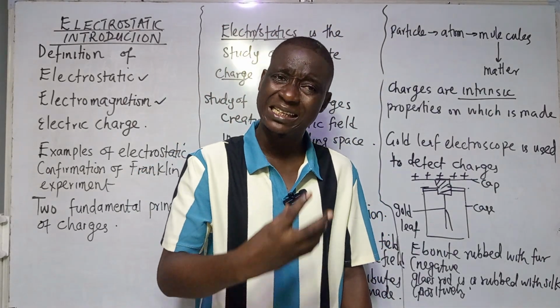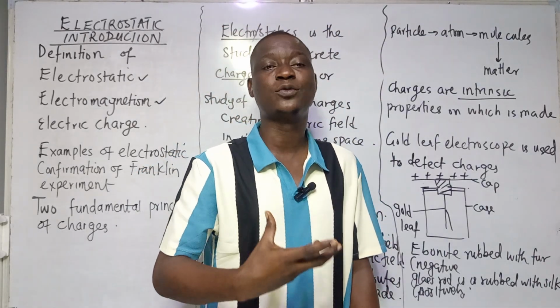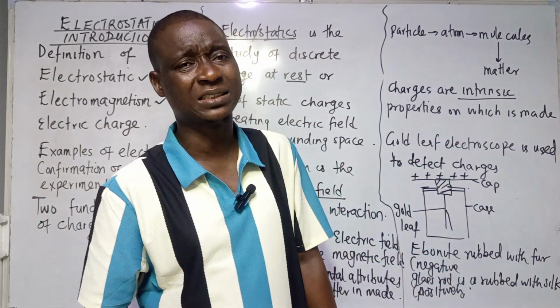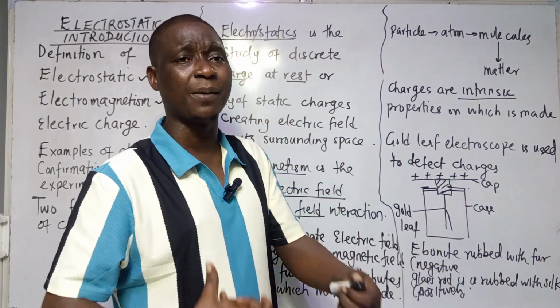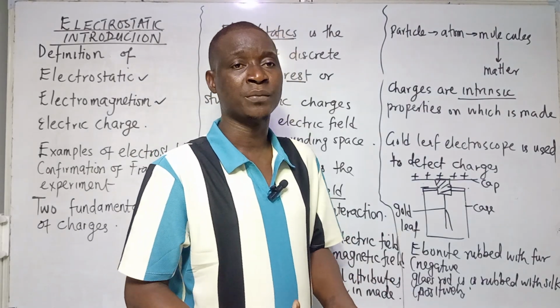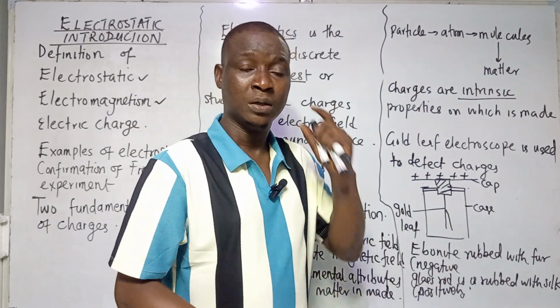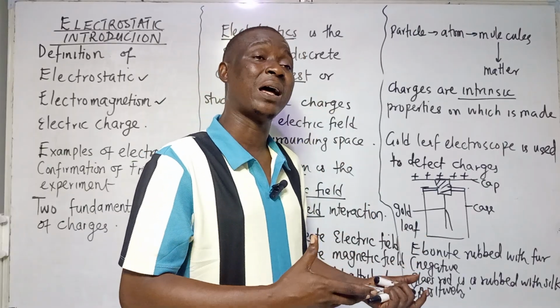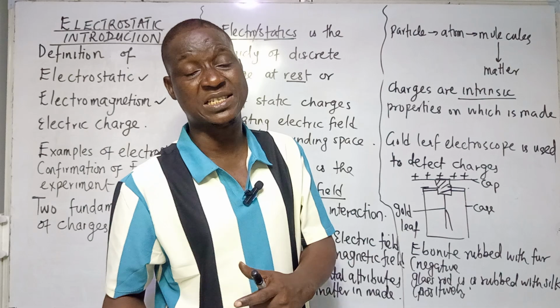That is a good example of electrostatics. From this example, we also confirm that you can create charge by rubbing, because this is friction, by rubbing one object against the other.